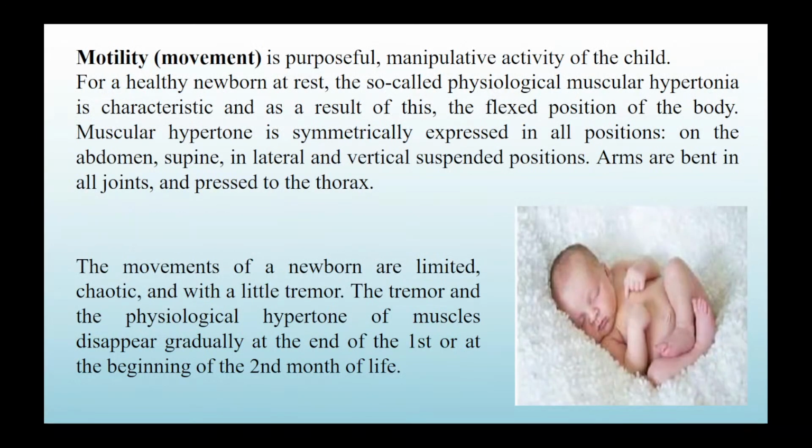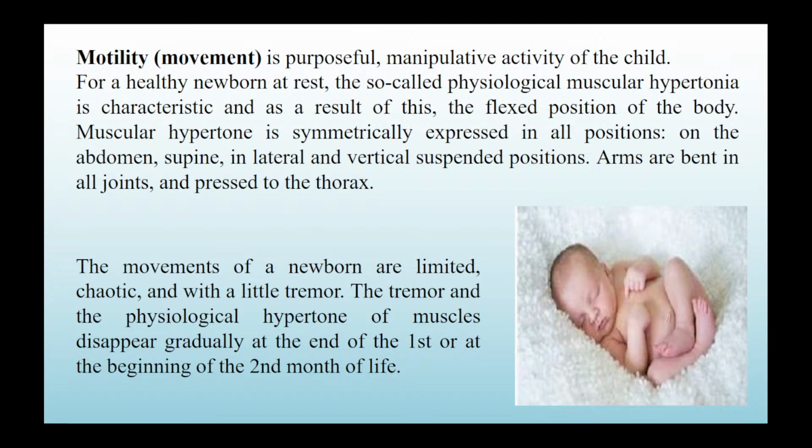Motility, or movement, is purposeful manipulative activity of the child. For a healthy newborn at rest, so-called physiological muscular hypertonia is characteristic, and as a result of this, a flexed position of the body.